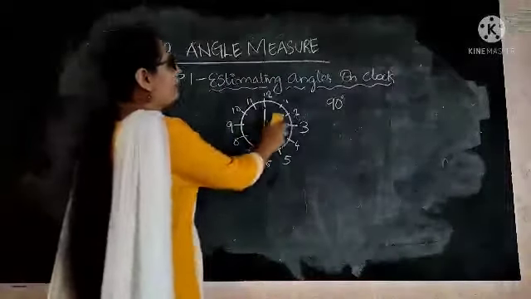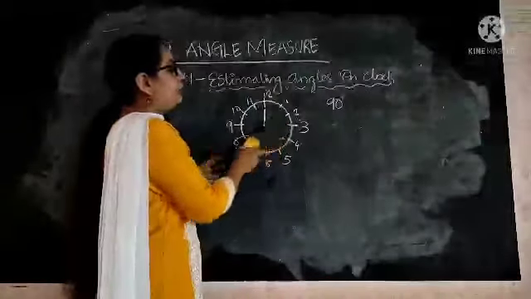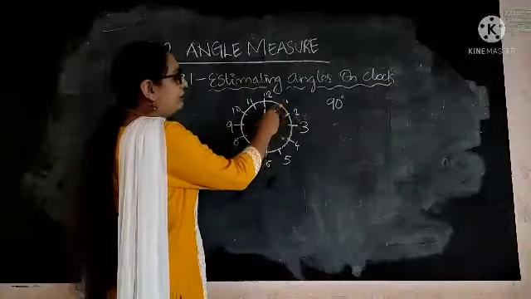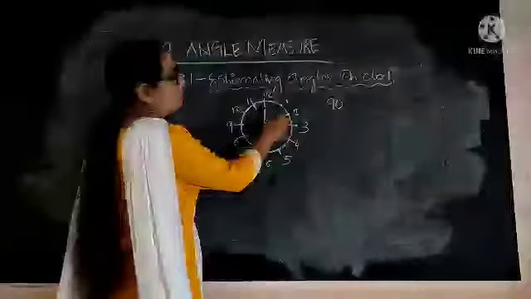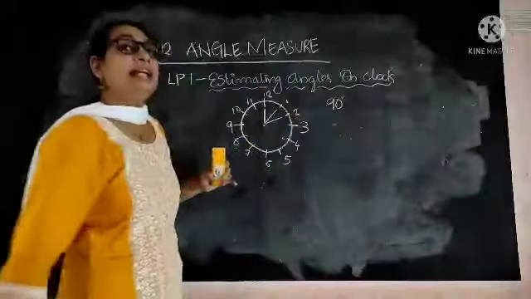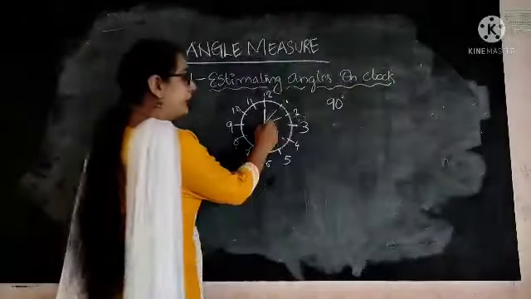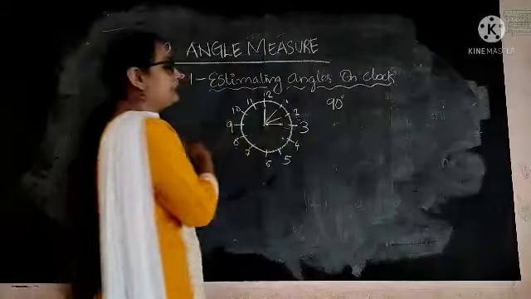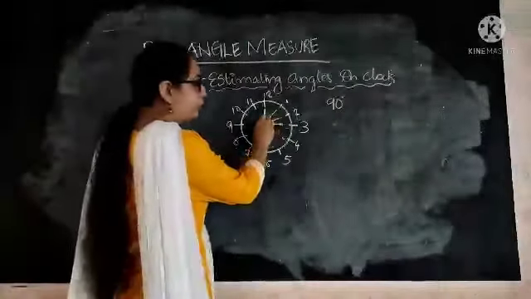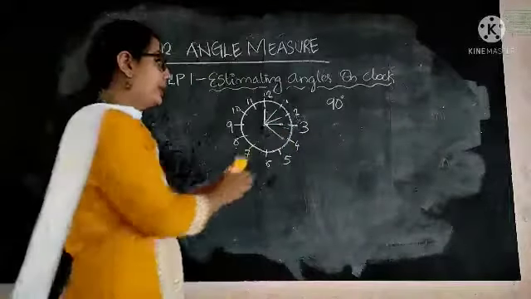So in common we can see that for one division, if the hand is like this, it is 30 degrees. When it moves to here, it is 60 degrees. When it moves to here, it is 90 degrees. When it moves to here, it is 120 degrees.